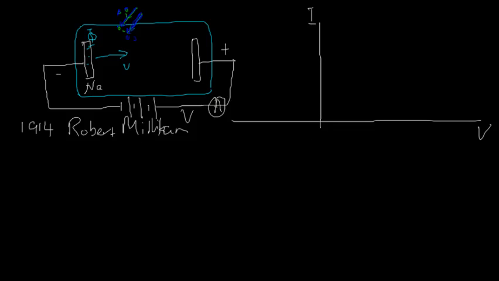And the graph that he plotted looked like this. When there's zero voltage, there would be a small current.